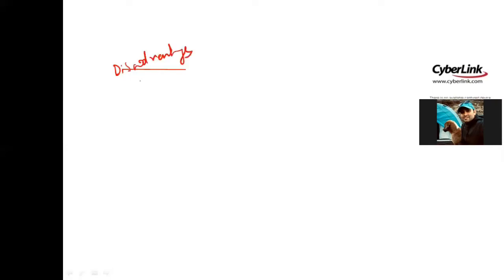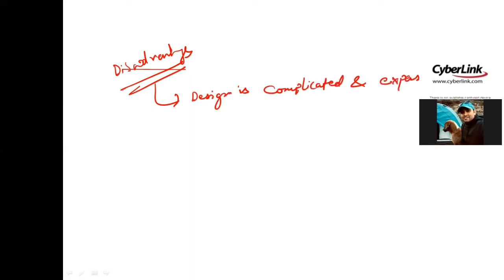There are various disadvantages also. So, what are those disadvantages? We'll discuss them one by one. Design is complicated and expensive. Second, the assembly is very weak and tends to fracture easily.